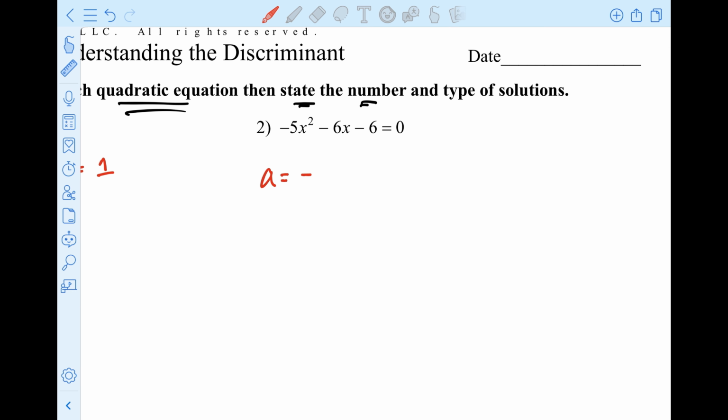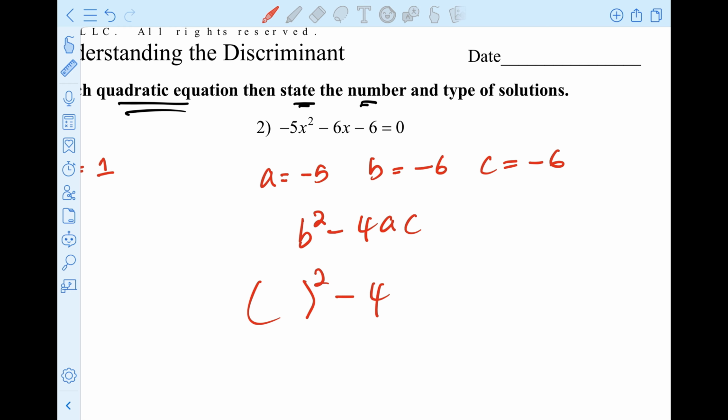Okay, so let's look at another one here. A is equal to negative 5, B is equal to negative 6, C is equal to negative 6. The discriminant is B squared minus 4AC. So I do this. B is negative 6, A is negative 5, C is negative 6.